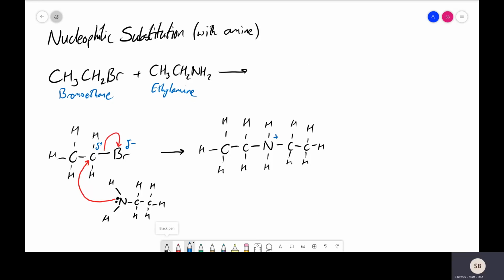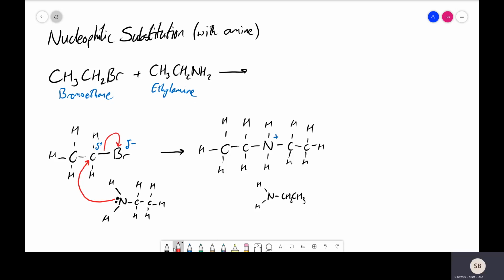So what can happen now is our ethylamine, again, can act just like the ammonia did. It can act like a base. So rather than drawing the whole thing out, I'm just going to abbreviate it to that.